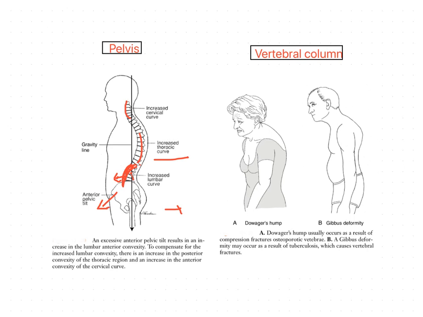These are the things which are going to take place in the pelvis. Now another one is the excessive posterior pelvic tilt. A posterior pelvic tilt causes straightening of the lumbar spine, and also there is a subsequent loss of flexibility.